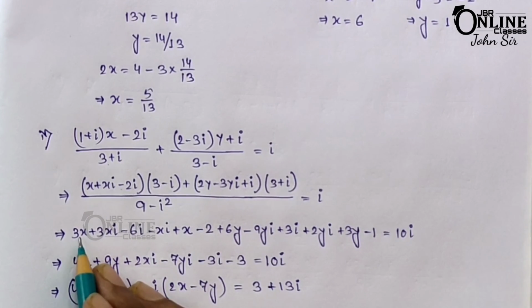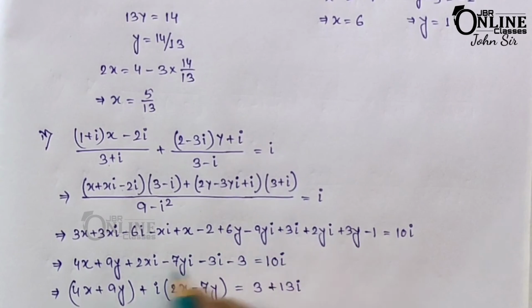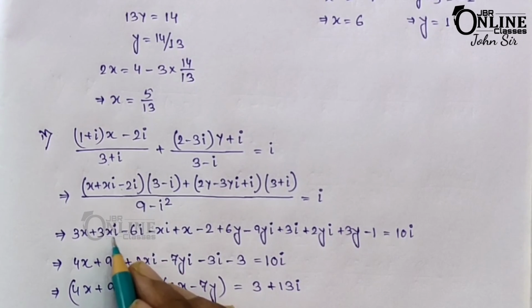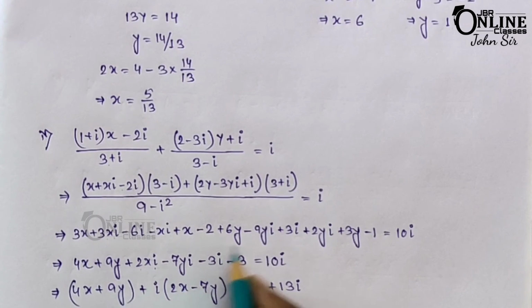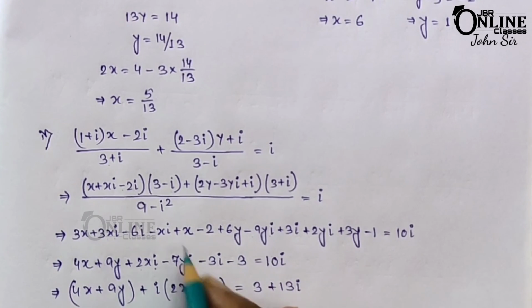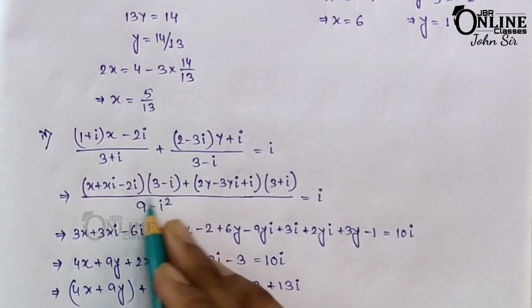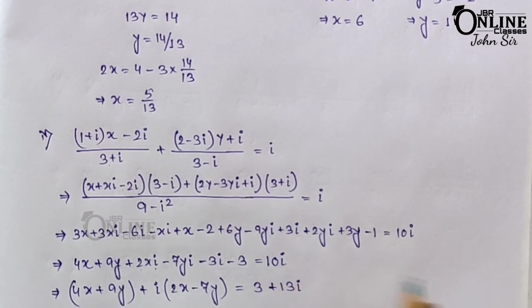So now you will get 3x plus x, 4x, 6y plus 3y equals 9y, then here 3xi minus xi is 2xi, and here 9yi and plus 2y, it's minus 7y, and that one equals minus 3i minus 3, that equals 10i, because here 9 minus i square equals 10, 10 into i, it will be 10i.